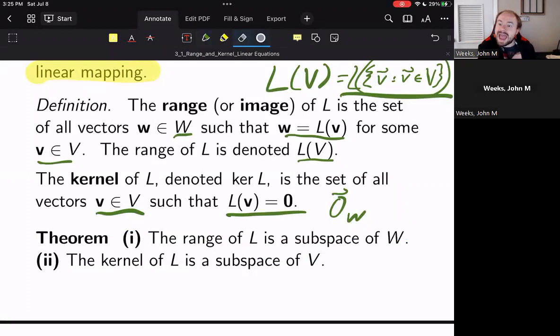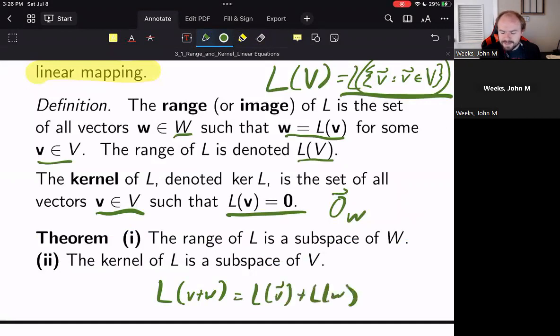You can see that if you add two things inside of a space of L, well, L of v plus w, for example, is equal to L of v plus L of w. So if you have two particular vectors that you'd like to see if they add together to still be in the range, so for example, if L of v is going to be some vector A and L of w is going to be some vector B, that is, if A and B are in the range of this linear operator, then what happens when you look at A plus B?